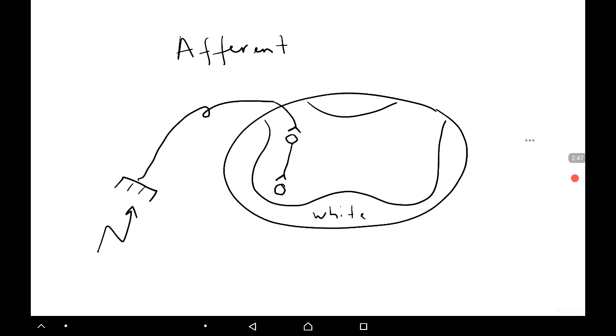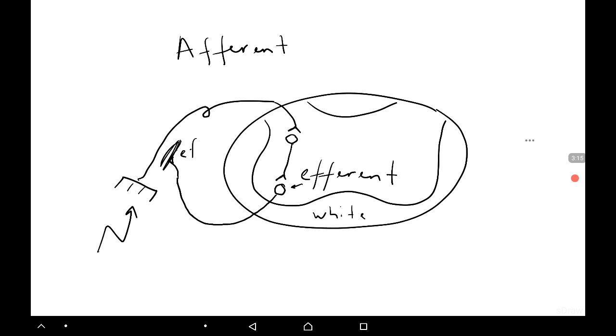And efferent neuron, here is the efferent neuron, produces an axon that is leaving the spinal cord, and in the anterior roots of the spinal cord it reaches in the somatic nervous system the skeletal muscle or effector.